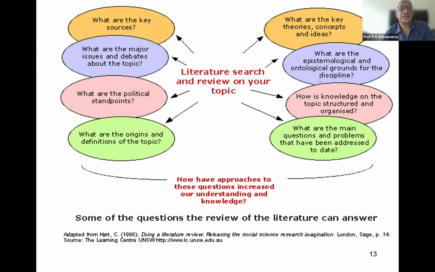Right. Can you see this diagram? Yes. Okay, this diagram tells you the summary of what we have taught you. Here you should know what the key sources are: textbooks, journals, etc. Textbooks are very important, as I mentioned.